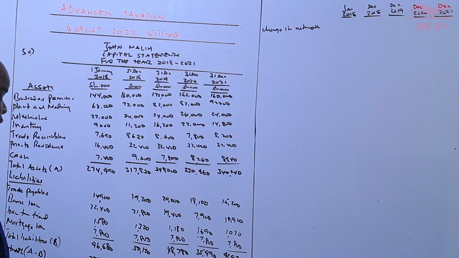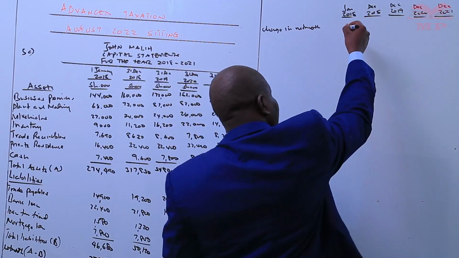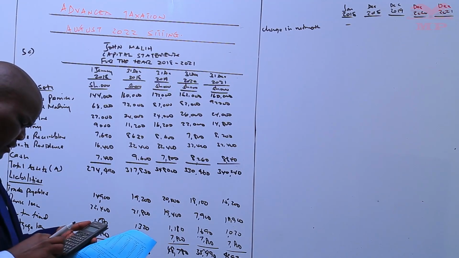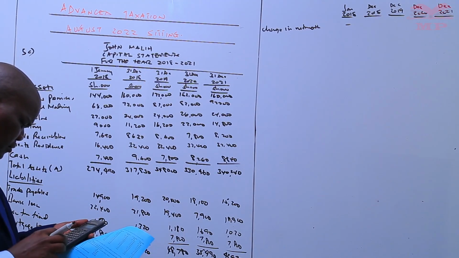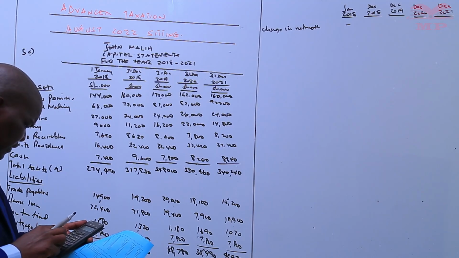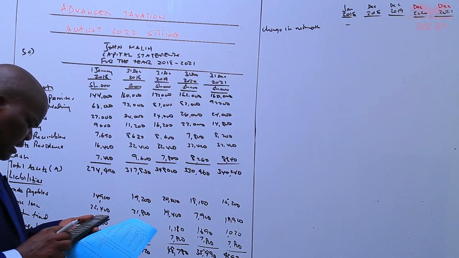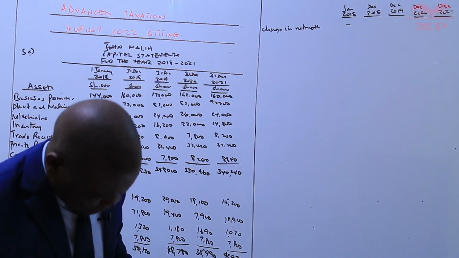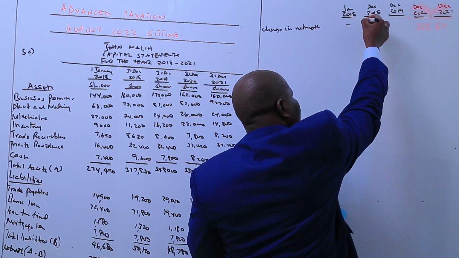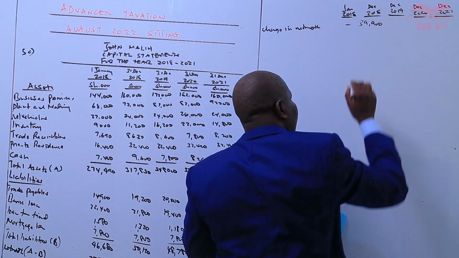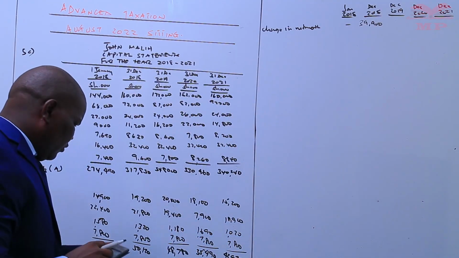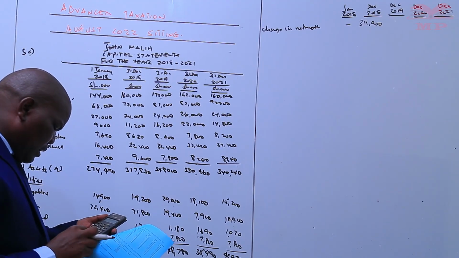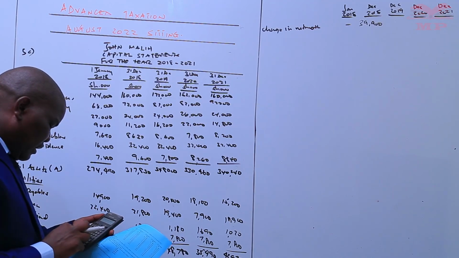So we start with 2018. So here will be dash. So for 2018 we shall have 267,710 less 227,810. I'm getting a difference of 39,900. 2019, sorry, will be 299,220 less 267,710.